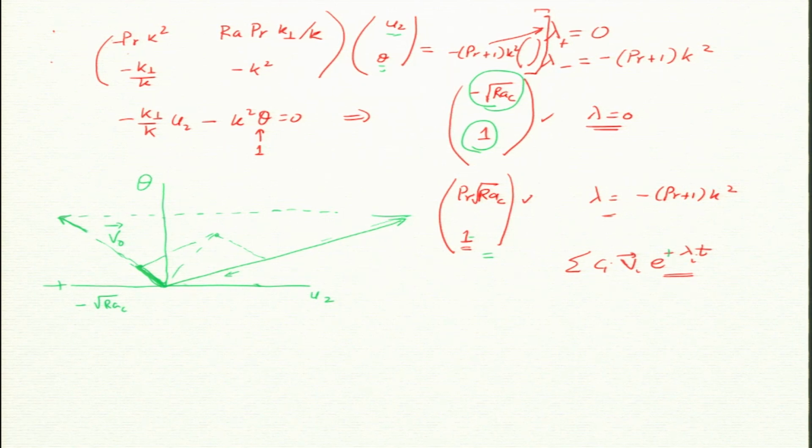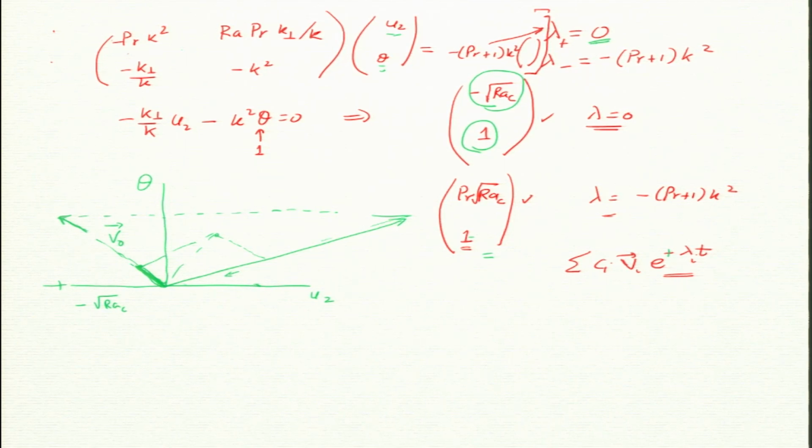Now, what happens when I increase my Rayleigh number a bit more? Will my eigenvector change or remain the same? My eigenvalue will become positive, right.